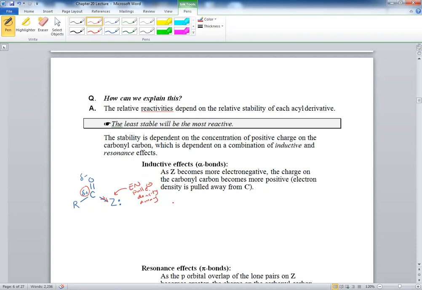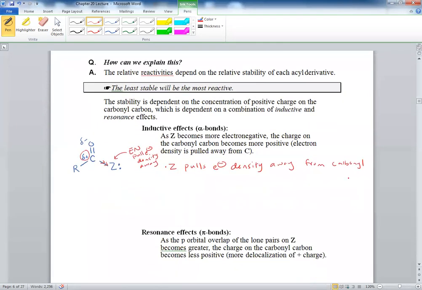So we say here that Z pulls electron density, as we said, away from carbonyl carbon.